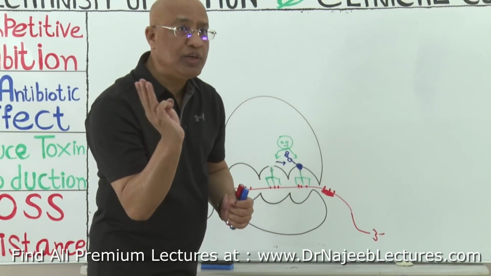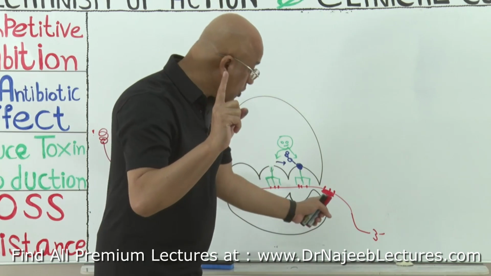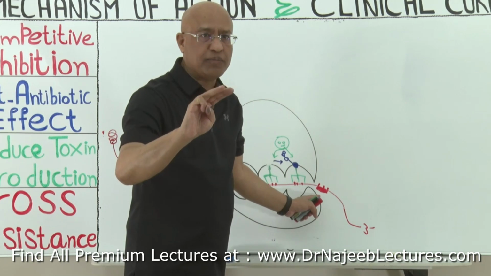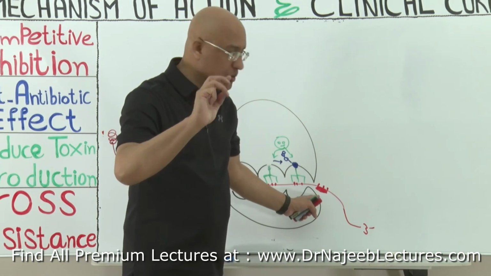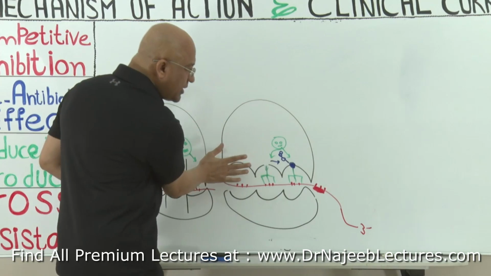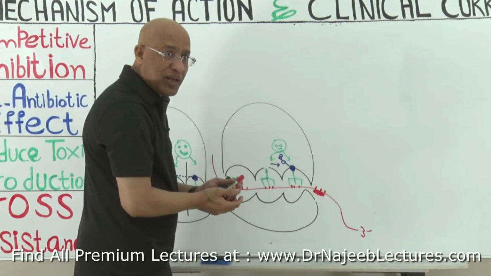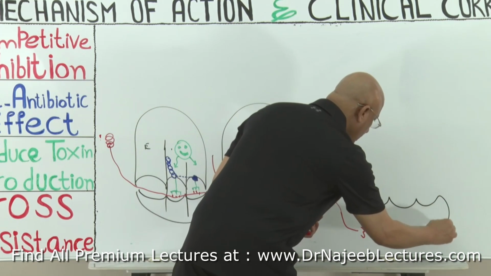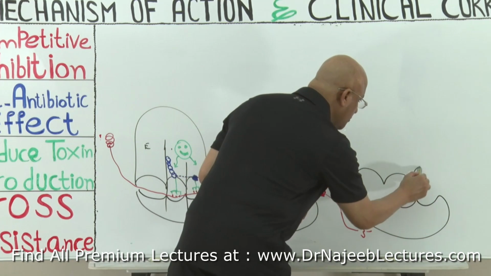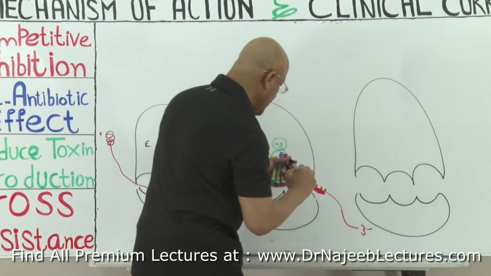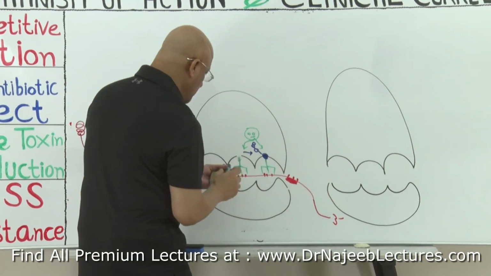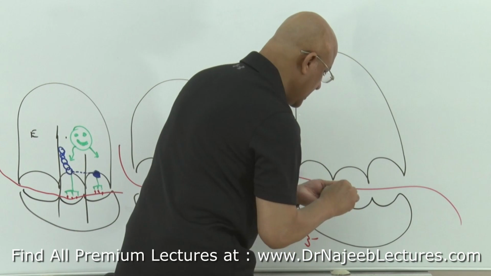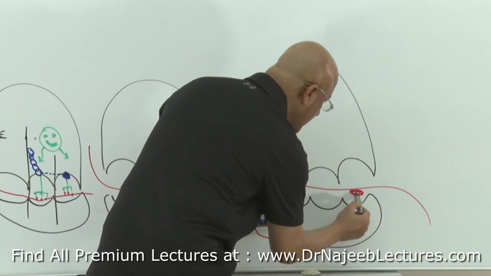It will just move down one codon, or three nucleotides, because three nucleotides make one codon. When it moves like this, a new codon will come over here.